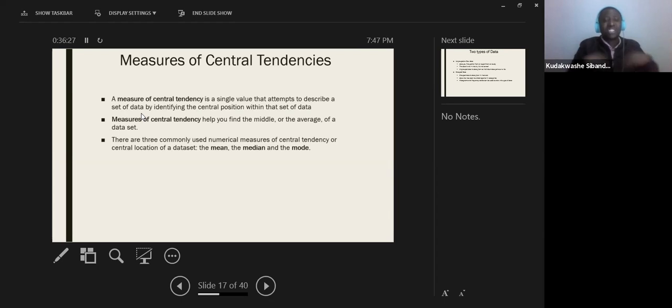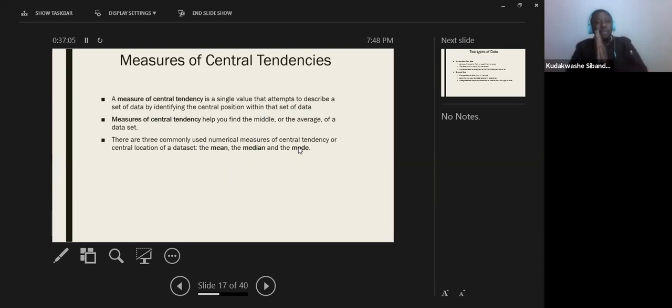These measures of central tendency help you to find the middle position of your data. They also allow you to calculate what is called the average or the mean of your data. There are three numerical measures of central tendency: the mean, which is the average; the median, which is the middle part of the data; and the mode.